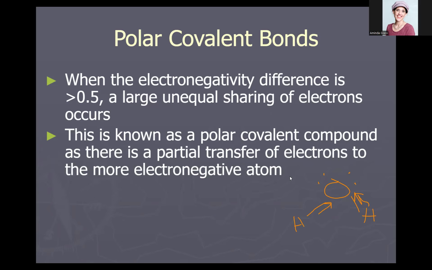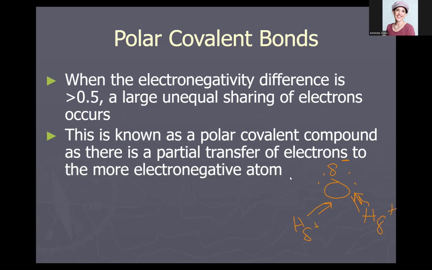As it does, it gives the oxygen a slight negative pole. So that's why it's called polar, because you have poles. The hydrogen, because its electron is pulled closer to oxygen, will have a positive pole.